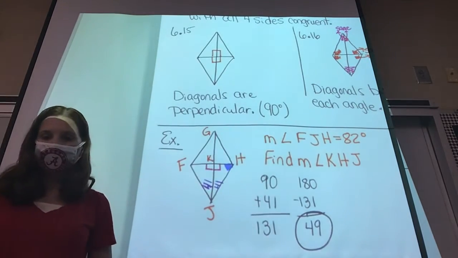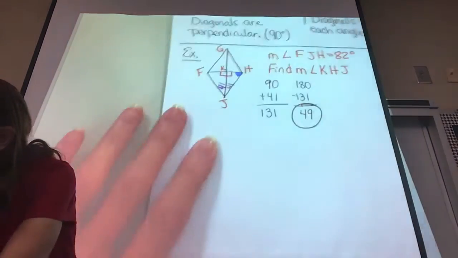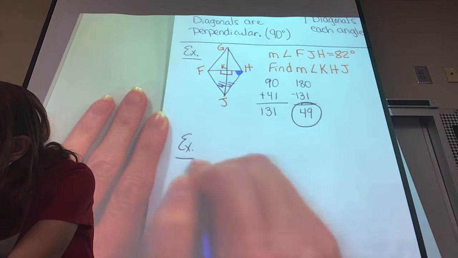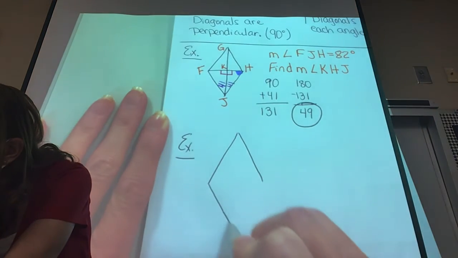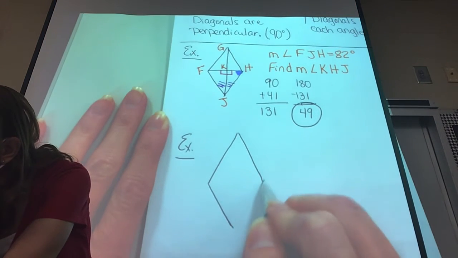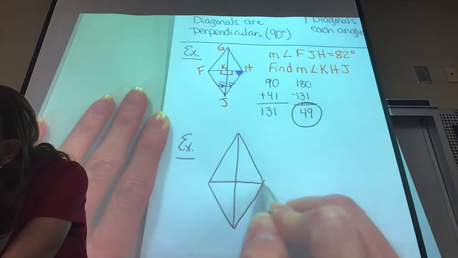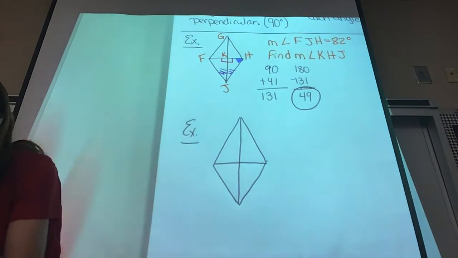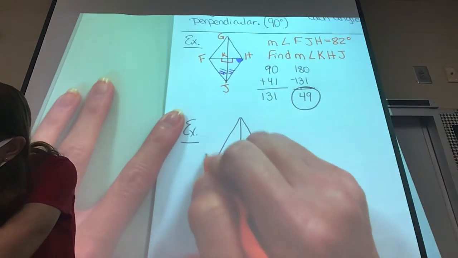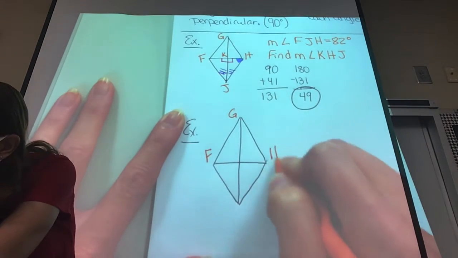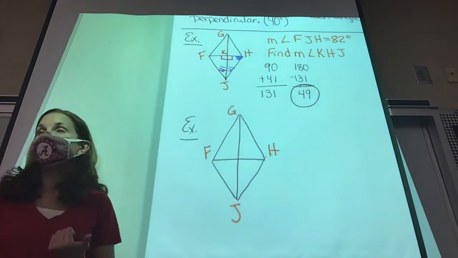Okay, we are going to use another rhombus. So I'm going to draw another one here. This time we're going to deal with the outside of the rhombus instead of the inside. It is labeled the exact same as the last one, so it is still F, G, H, and J. We're not worried about the inside because we're not doing angles.